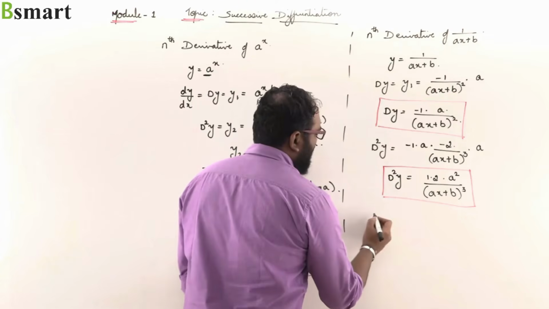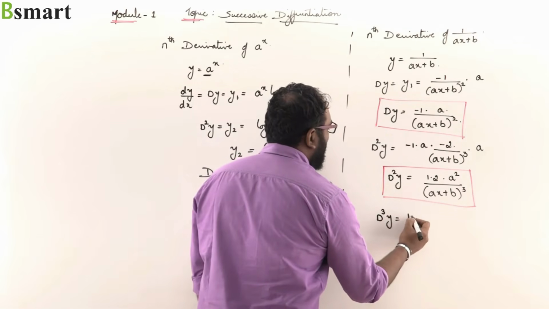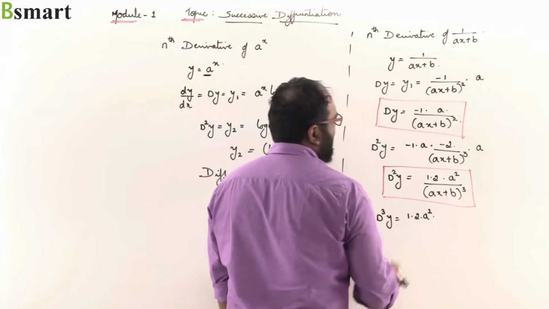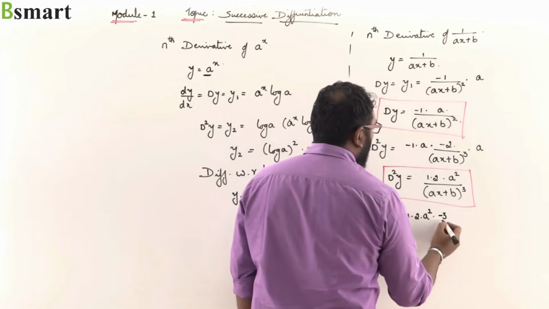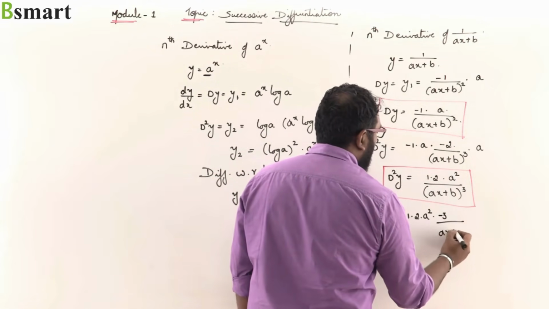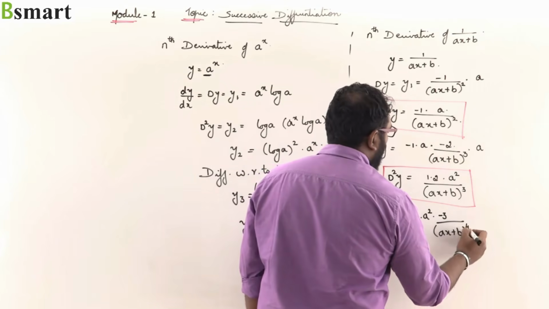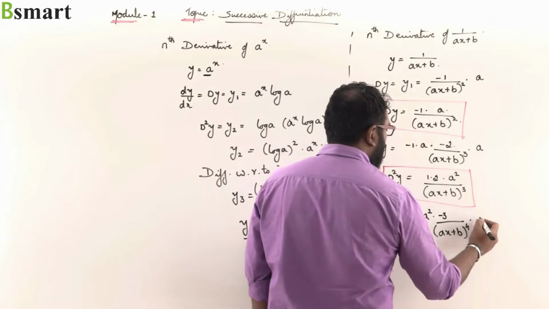In the same way, if we find d cube y, that is 1 into 2 into a square into, now the derivative of 1 by x cube, that is minus 3 by ax plus b to the power 4, into the derivative of ax plus b, which is a.